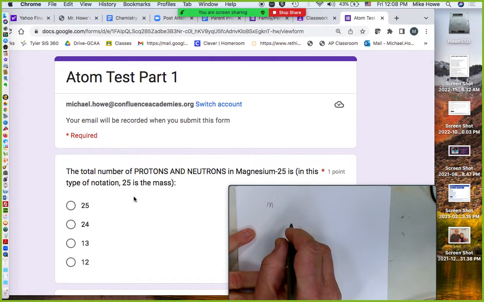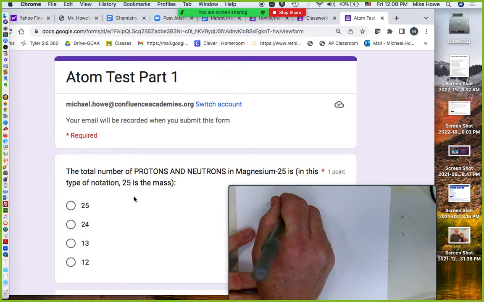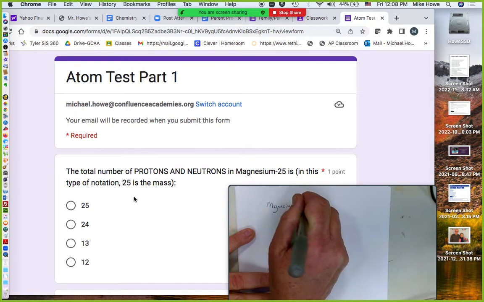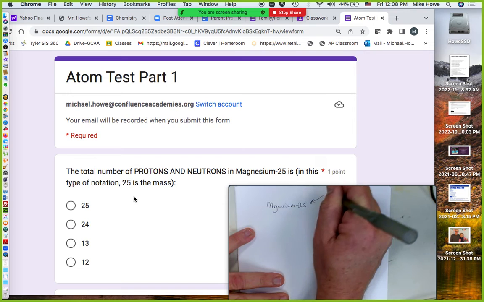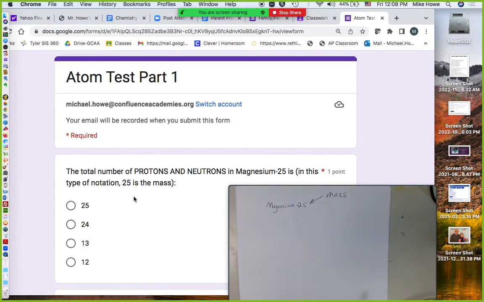Key thing to know about there is it says magnesium-25. 25 is the mass number. So the mass number means the number of protons and neutrons together.